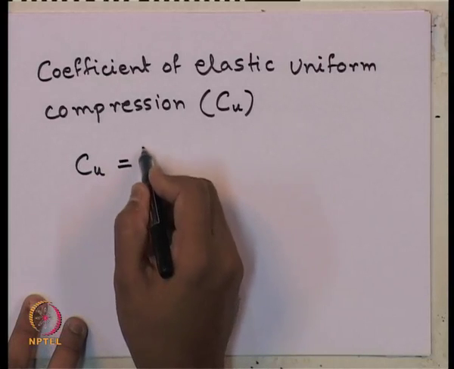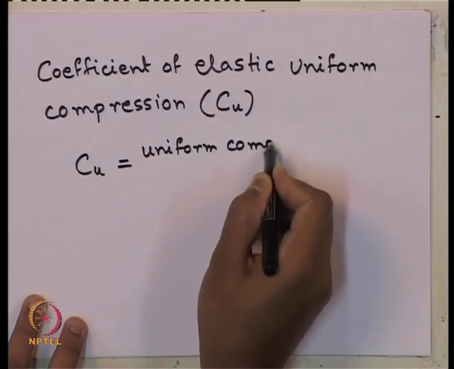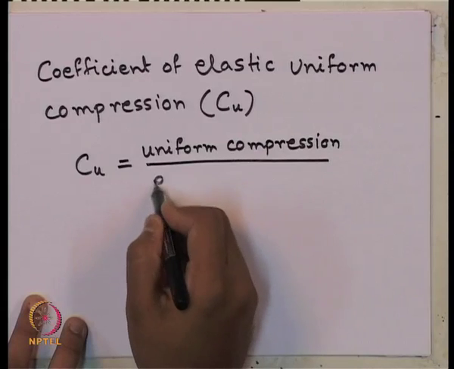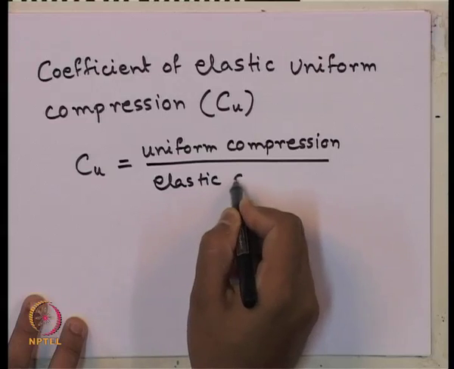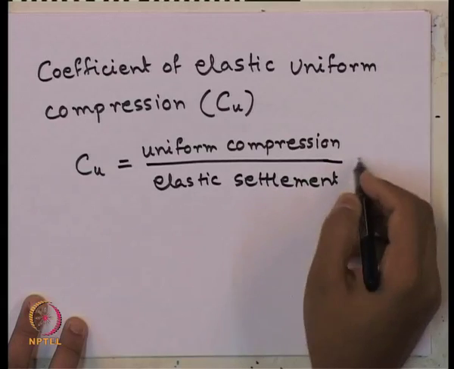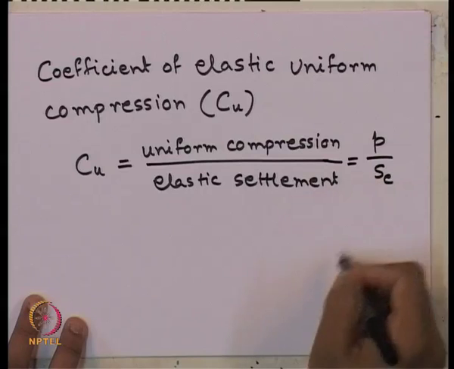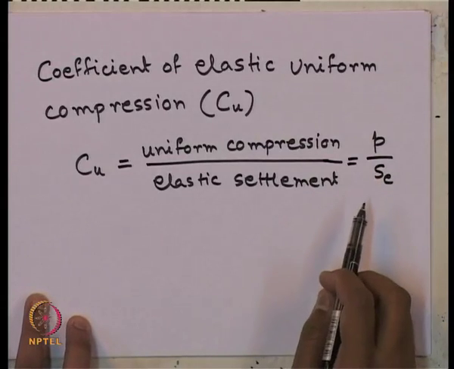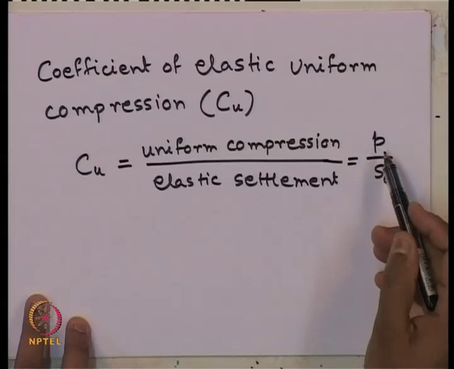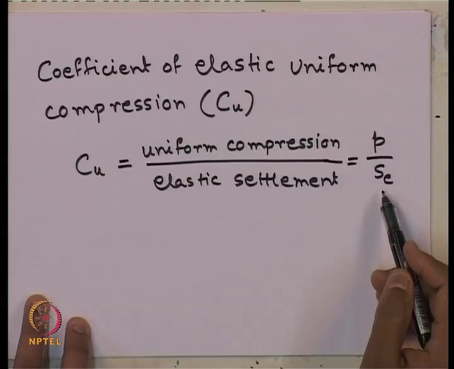Mathematically, it is nothing but uniform compression by elastic settlement, say small p by Se, which we had seen for the cyclic plate load test. Can you recap? Uniform compression is nothing but load per unit area by elastic settlement.